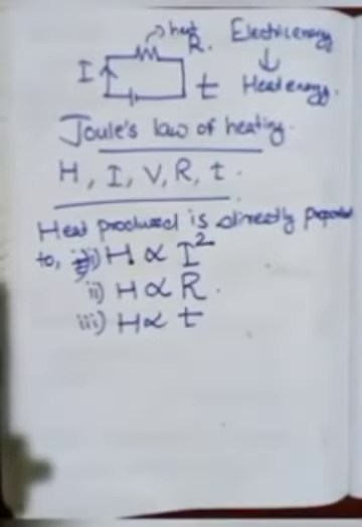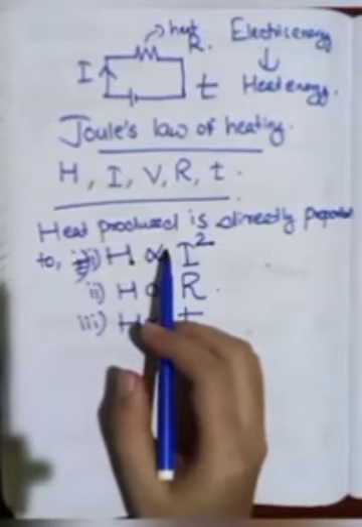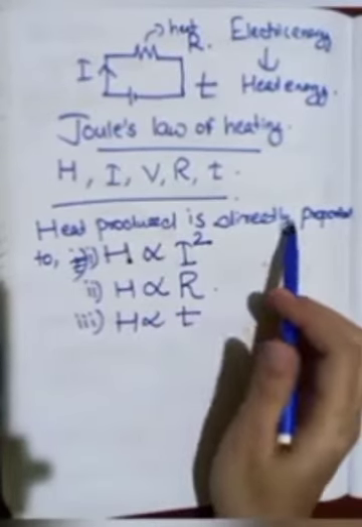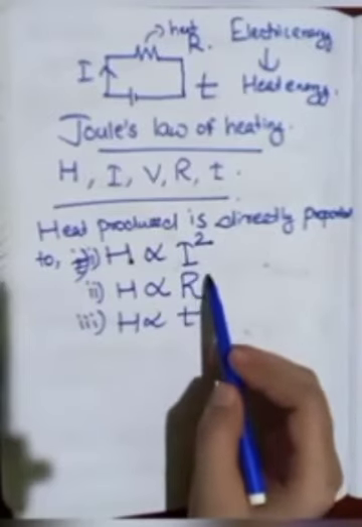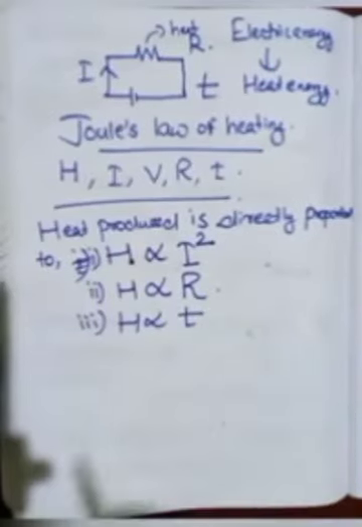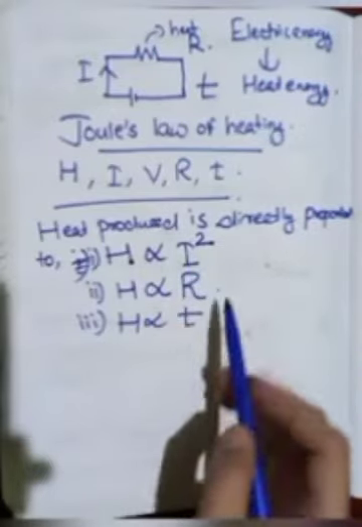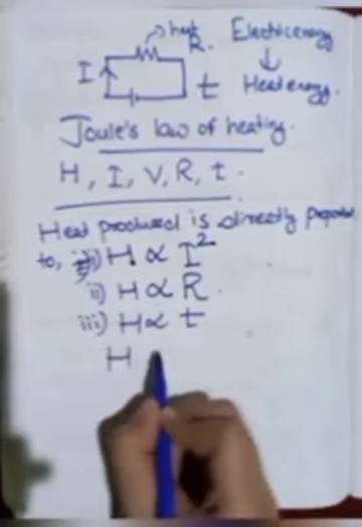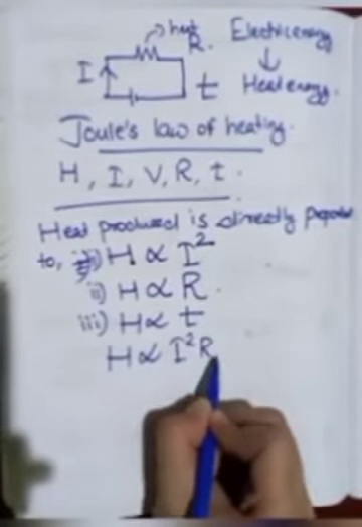According to Joule's law of heating, heat produced in a resistor is directly proportional to the square of the current, the resistance, and the time. Okay, then by combining these three, we get H proportional to I square R T.